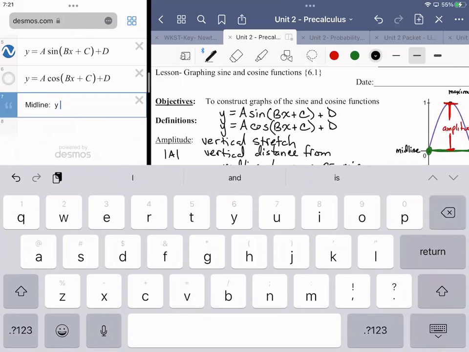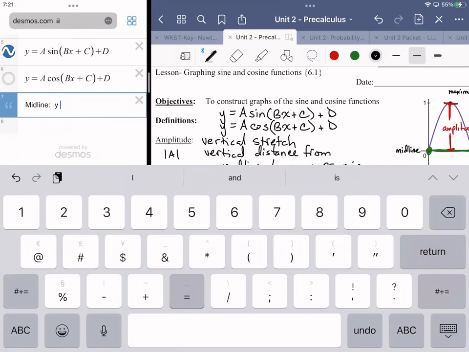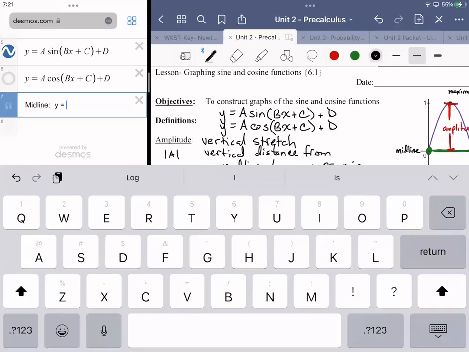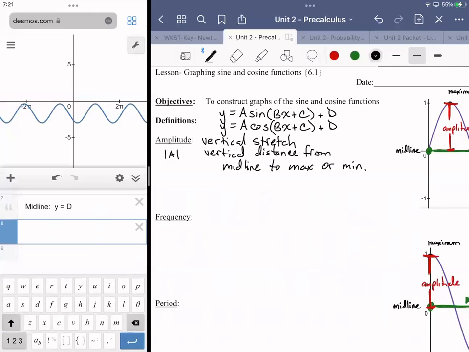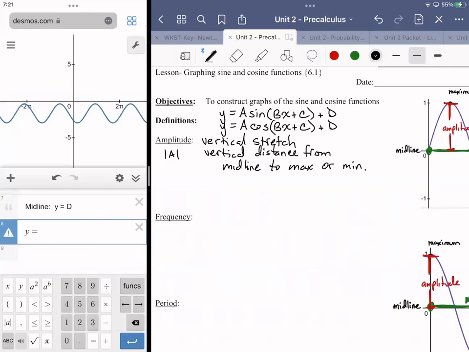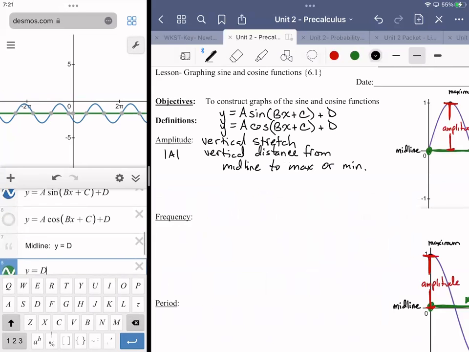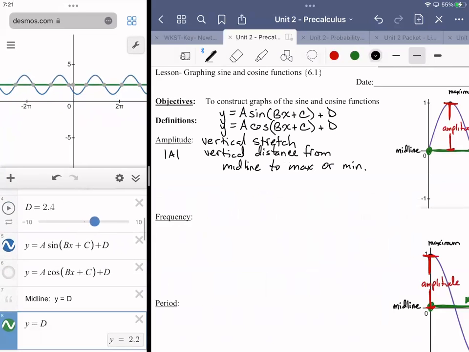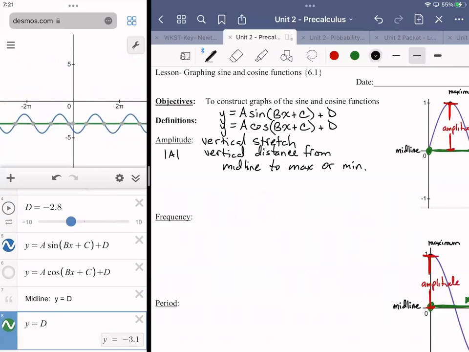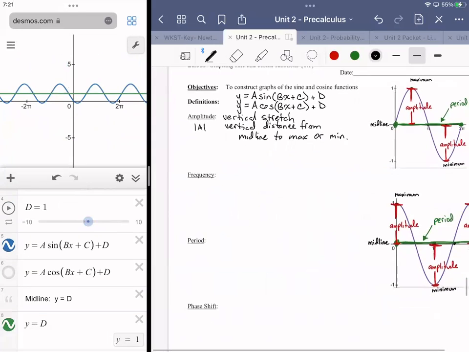It's also known as a vertical translation, but we'll get to that in a sec. So I'm just going to type it in, y equals d. All right, so that's my midline. And you can see here that depending on where I move my d value, that controls the location of the midline.